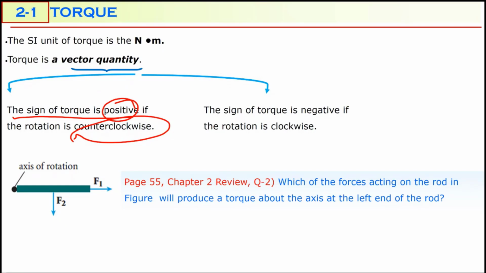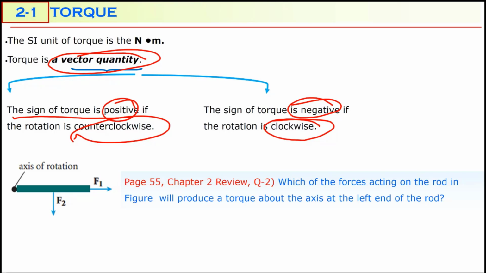So if a force tries to rotate an object in the counterclockwise direction, the sign of this torque is positive. If a force tries to rotate an object in the clockwise direction, the sign of the torque will be written as negative. So it is a vector quantity.